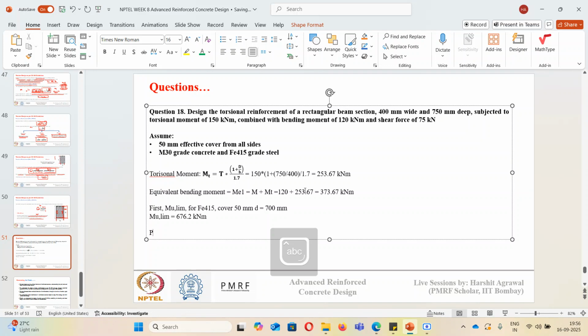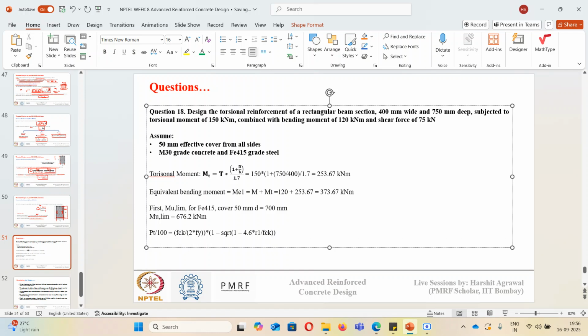There is one relationship that we saw: Pt/100 is equal to fck upon 2fy, whole into 1 minus square root of 1 minus 4.6 times Mu upon fck b d squared.